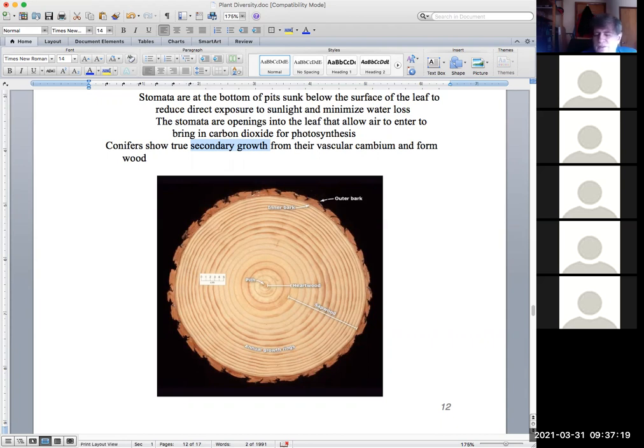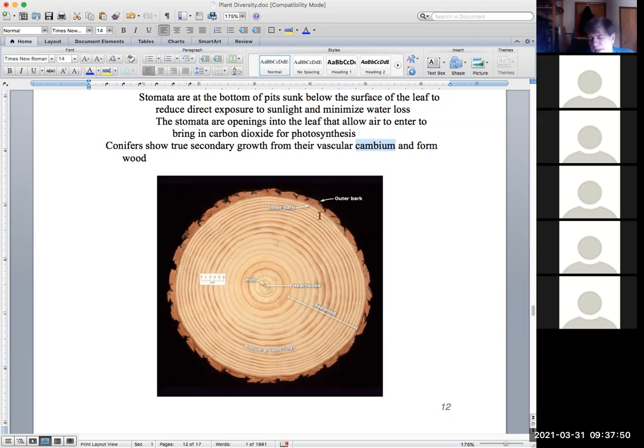So this layer of cells divides by mitosis. When it divides by mitosis, it pushes one cell into the xylem or the phloem, and one cell stays and continues dividing. So this layer of cells that's dividing is something called the vascular cambium. Remember, xylem and phloem are vascular tissue.